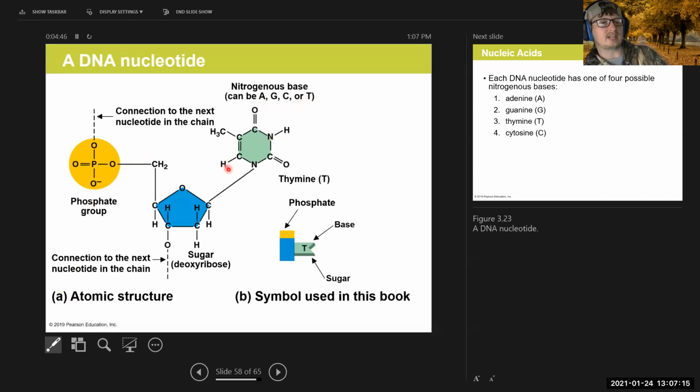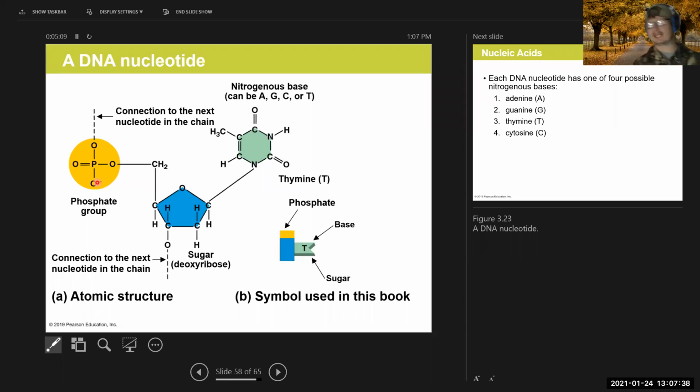It has the thymine nitrogenous base, it has a deoxyribose sugar, and then it has a phosphate group. Okay, and these single nucleotides can be put together to make a complete nucleic acid, DNA or RNA molecule.